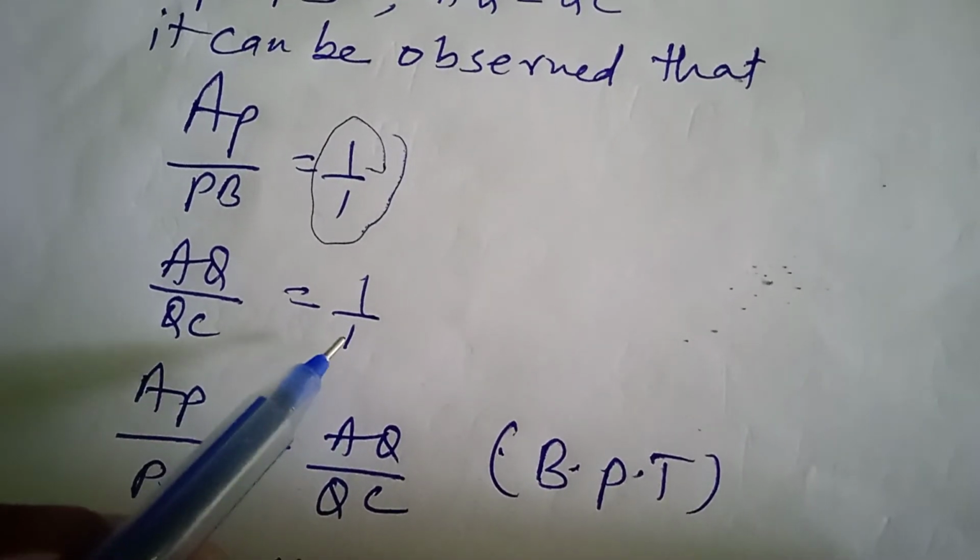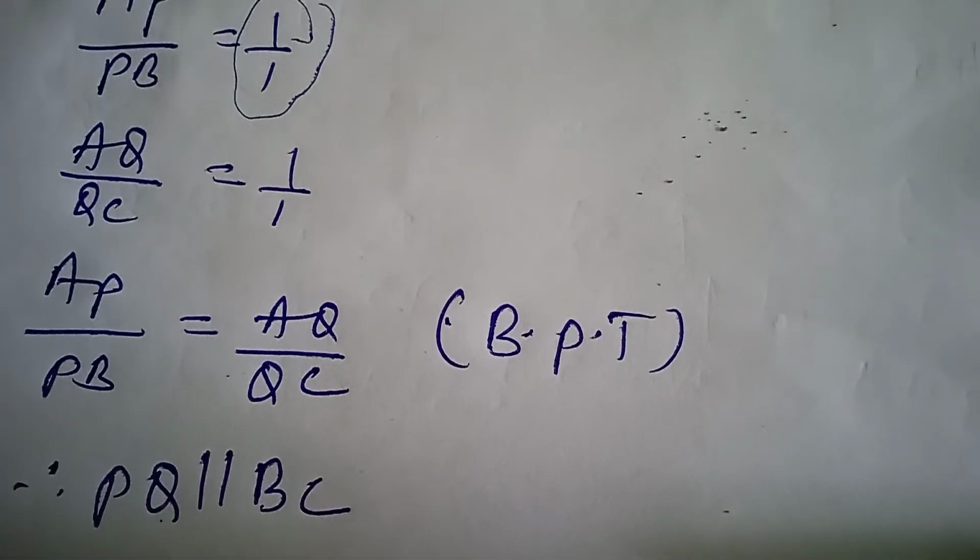That's why here we have written AQ upon QC as 1. Here both the values are the same. So AP upon PB is equal to AQ upon QC, by the converse of the basic proportionality theorem. If this condition is applied, we can say PQ is parallel to BC.